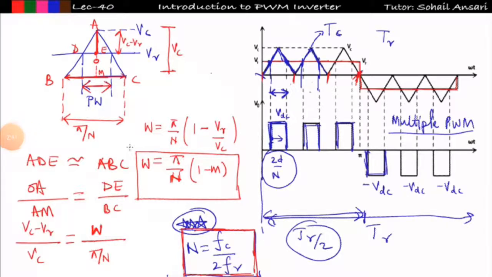From here we get the formula for the width of the pulse: W equals pi by n times (1 minus Vr by Vc), where Vr by Vc is the modulation index defined by small m. So W equals pi by n into (1 minus m).